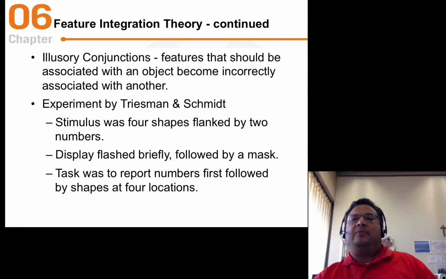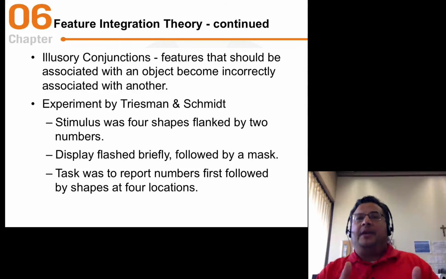So it seems like when we're perceiving things, we break them up into features. Then when it's time to pay attention to them, we gather up all those features and bring them together into a coherent object. And we have done experiments where mistakes seem to be made in that process.